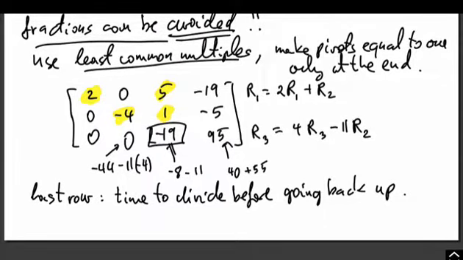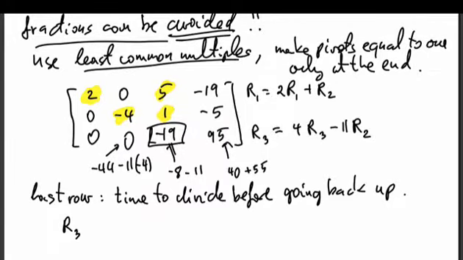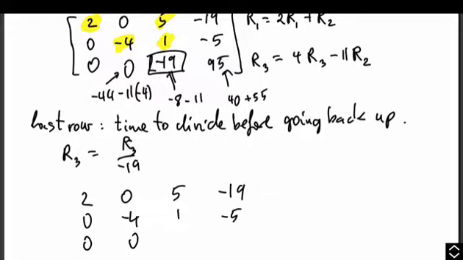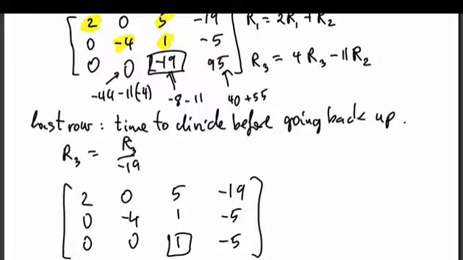So I want to make this pivot 1. That means that I'm going to divide the third row by minus 19. So I get 0, 0, 1, and miraculously it's an integer, minus 5 there, because it's a homework assignment and we have nice numbers for the homework assignment.